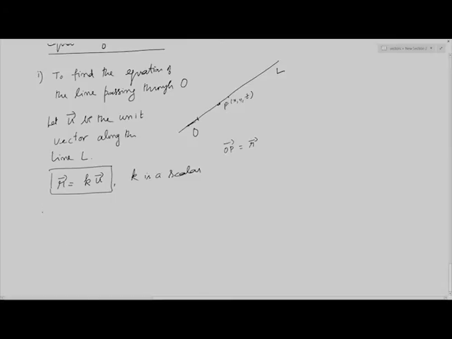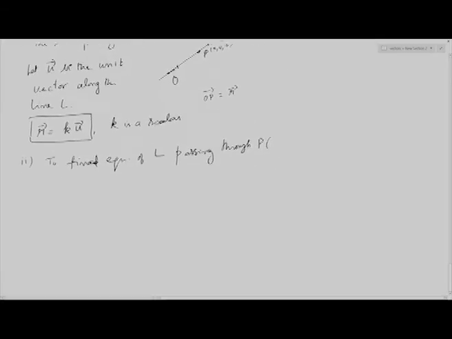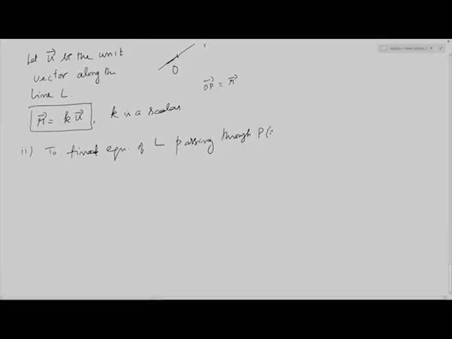Now, instead of the origin, let us take a general point. To find the equation of L passing through some other given point P, let me take P as (a, b, c).